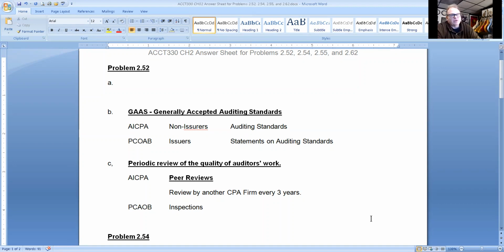And if they find problems, just like a regular audit, you're expected to clear up those items, you know, how you're going to rectify that situation going into the future. So it's an audit of the auditors, and it's literally another CPA firm coming in.